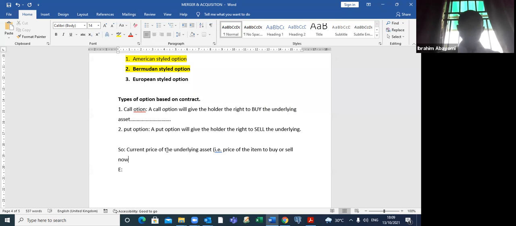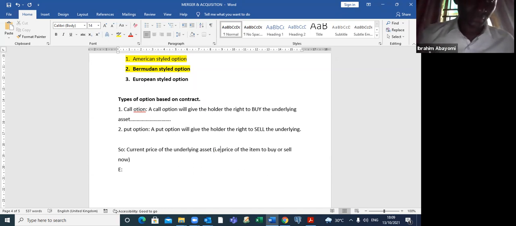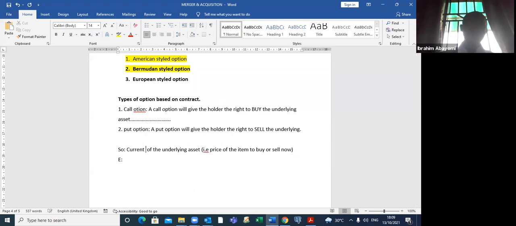Now, the price of that item you want to buy or sell now is what is represented by S0. Let me put it as a value, current value instead of price. It's better I call it value. Current value of the underlying asset, the asset you want to buy or sell, is represented by S0. Then what about E?